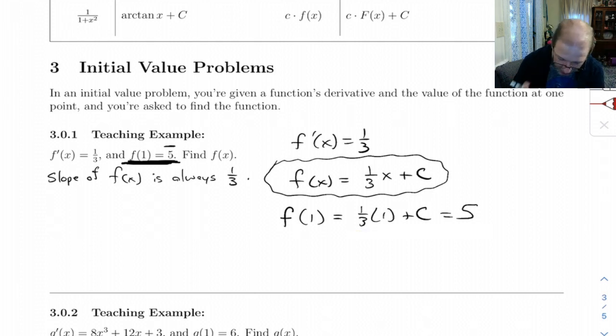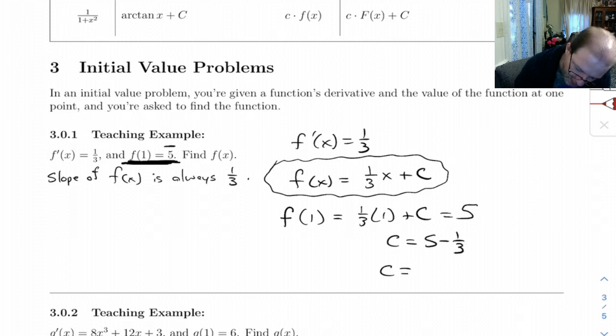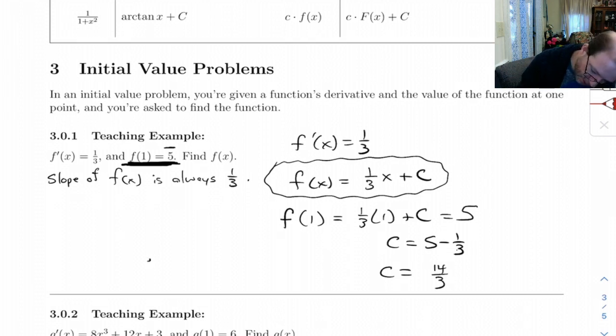So let's see, what's it say? C plus 1/3 is 5. So c is 5 minus 1/3. C is therefore, let's see, 5 times 3 is 15, minus 1 is 14 over 3. So that means my answer, I'll write over here, f of x is 1/3 x plus 14 over 3.